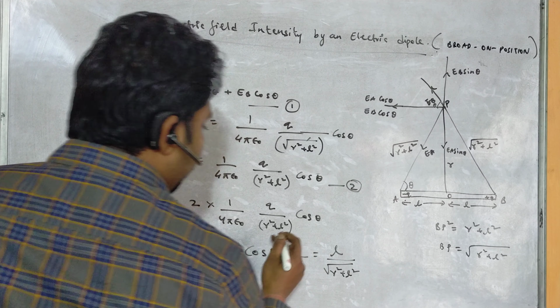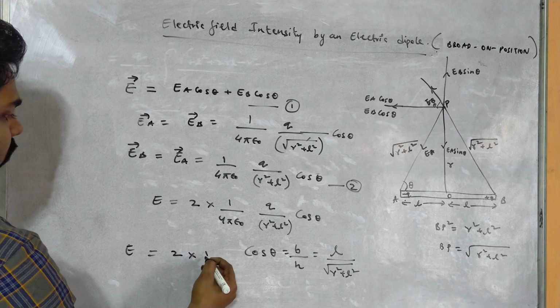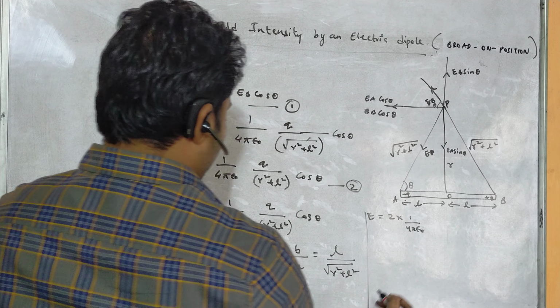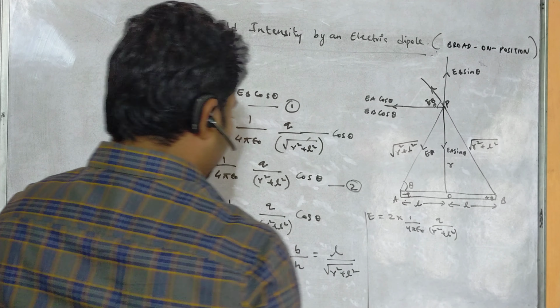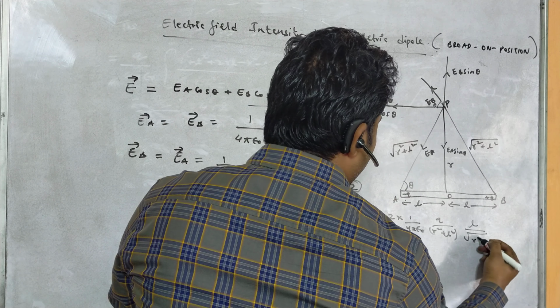So if you substitute here, we will get E equals 2 into 1 by 4 pi epsilon naught Q by R square plus L square, and cos theta we substitute as L by root under R square plus L square.